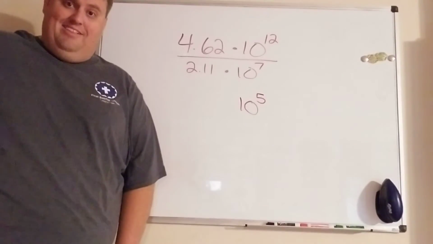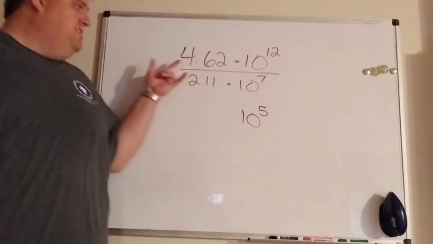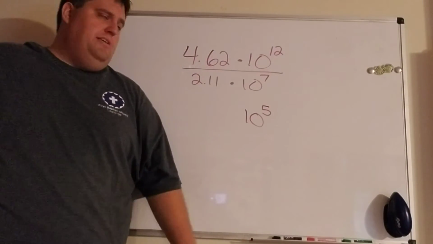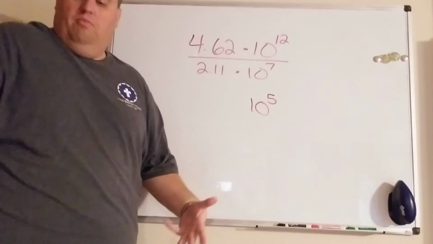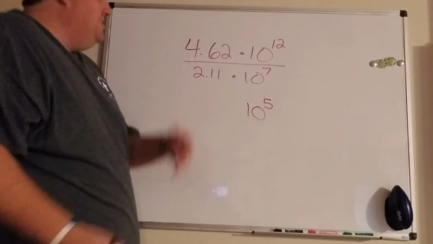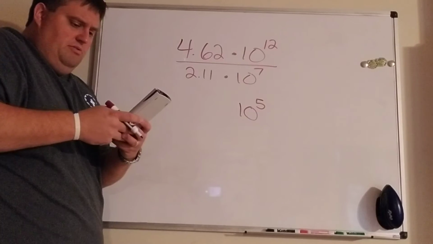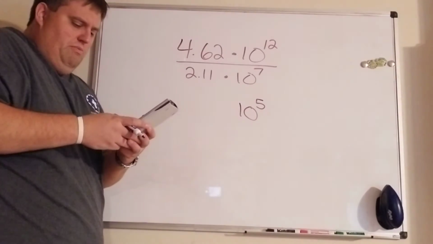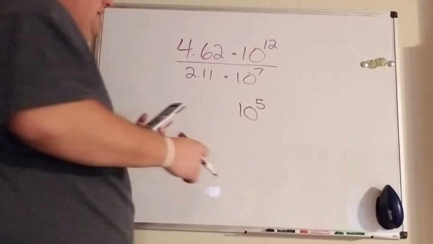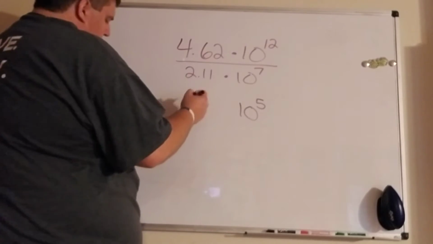Hopefully you're okay with that. But these two numbers do not have the same base. So, just like before, since this is a division problem, we're just going to divide those. So I'm going to do 4.62 divided by 2.11. And that's going to give me a lot of decimals.